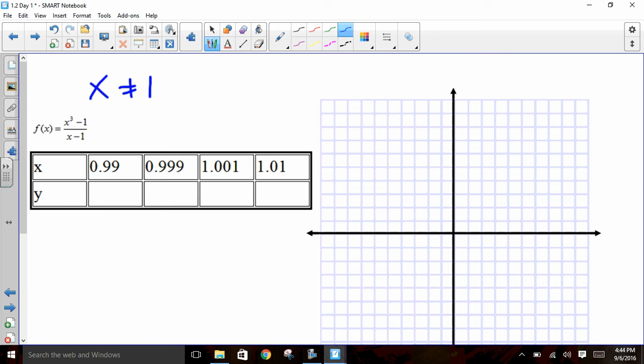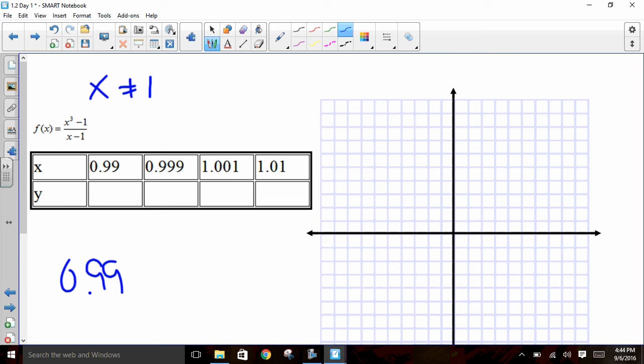In my calculator, I'm going to type in these values, and I'm going to show you how to do it nice and easy, so that you don't have to plug it in the same way every time. What we can do is store that x value as x. I'm going to take my first example of 0.99. On my calculator, I'm going to look to the left, between the 4 and the 1, and I see the STO button.